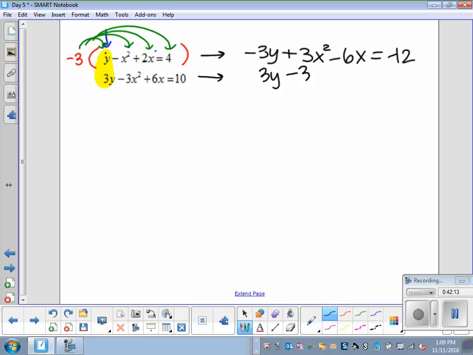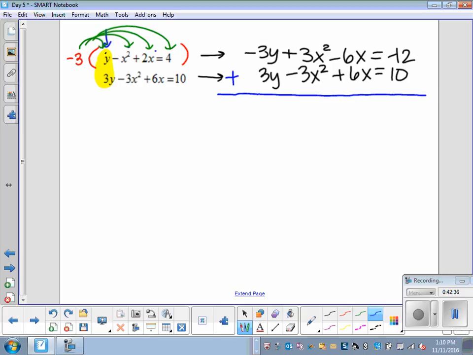Let's just write it over. After you get one of your variables to have the same number, opposite signs, then you're going to add everybody, right?